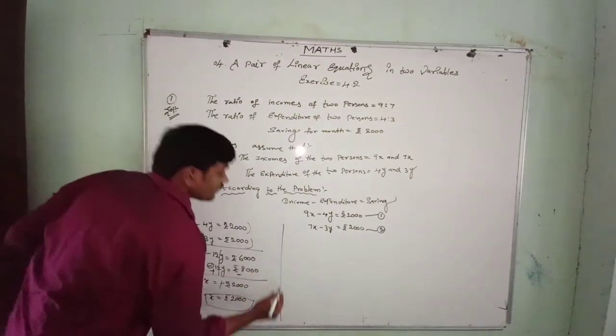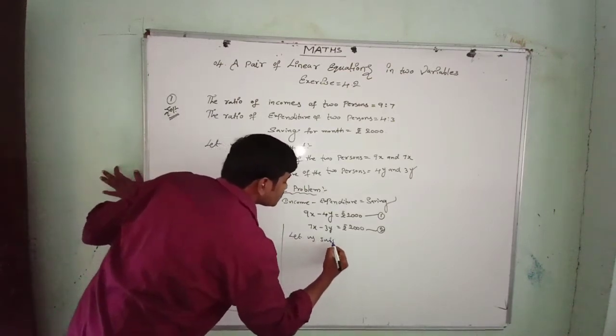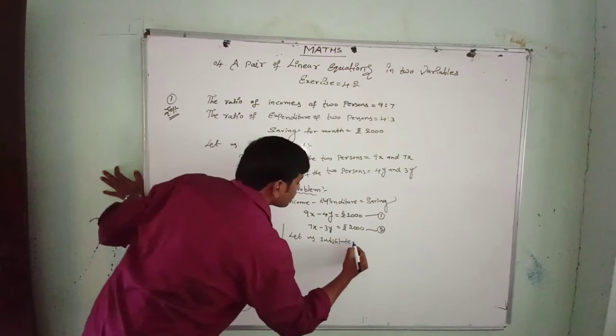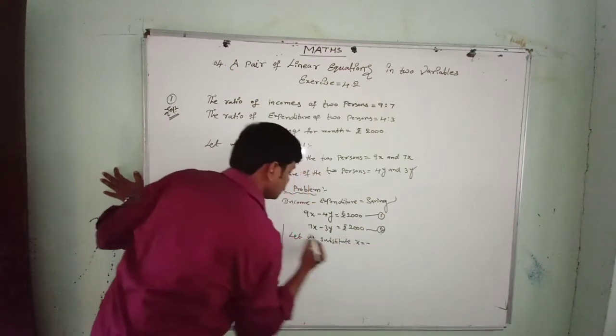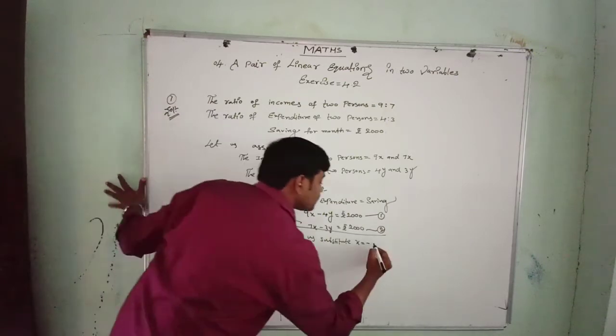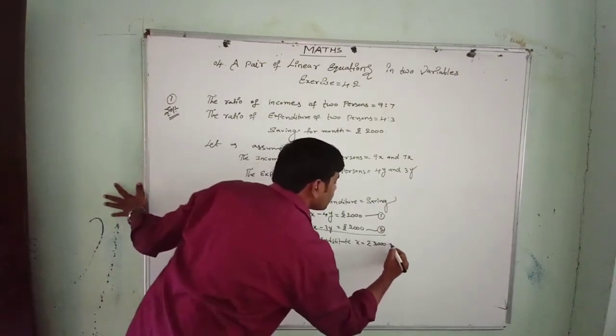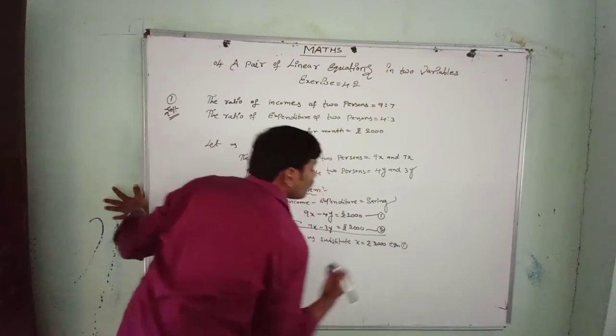Then let us substitute x equals rupees 2000 in equation number 1.